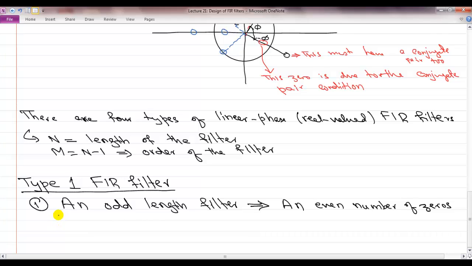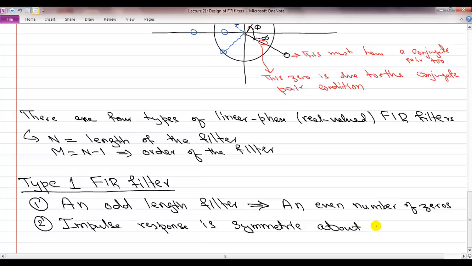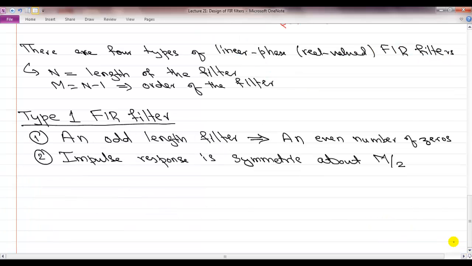So that is one condition for it to be type 1, and the other condition is that its impulse response is symmetric about capital M by 2. Now we are talking about causal filters.